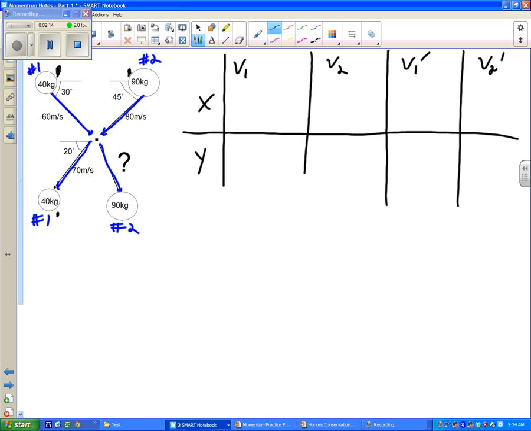All right, we are going to use our trig functions. So for the x part, for number 1, is basically going to be 60 cosine 40. Oops, sorry, cosine 30.